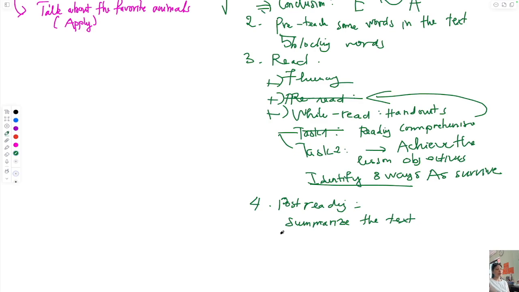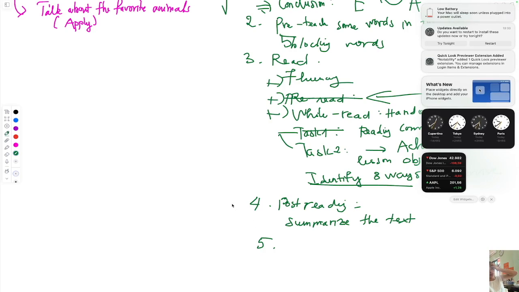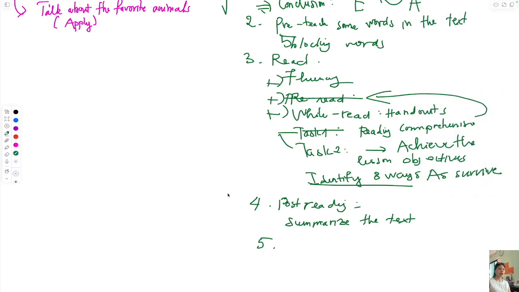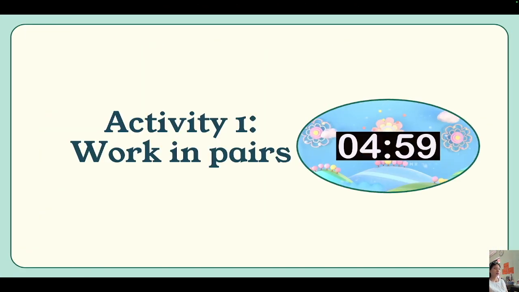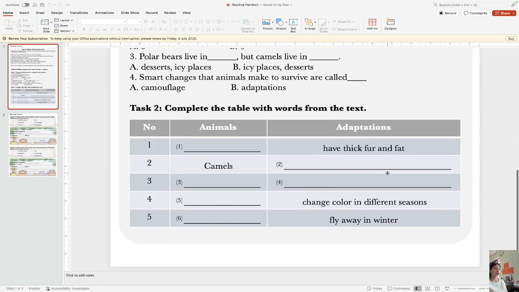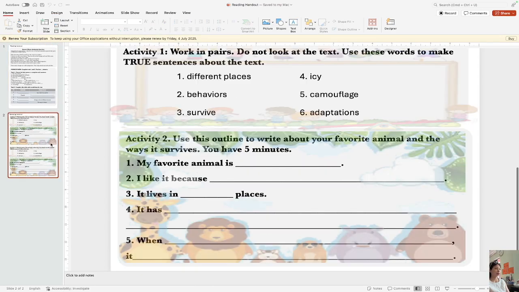Because clearly the students in grade 1 haven't learned summarizing skills, so I gave them a guided scaffolding exercise and guided practice exercise. Here's how I did it.